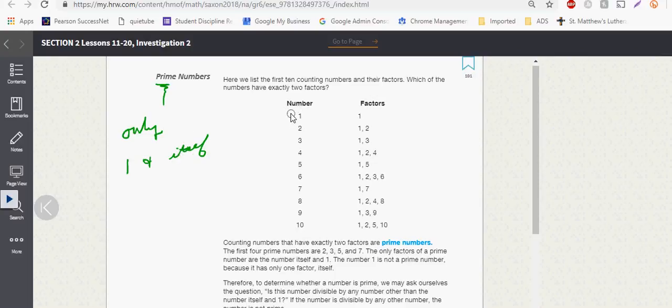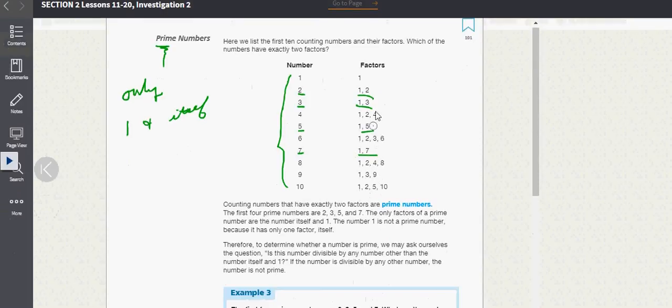So as we look down the first 10 natural numbers, which ones count as prime? 2, 3, 5, and 7. How did I know that? Because look, they have exactly 2 factors: 1 and 2, 1 and 3, 1 and 5, 1 and 7. The others all can claim extra factors.